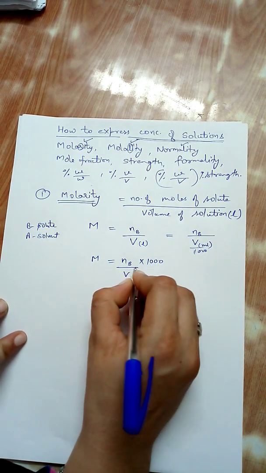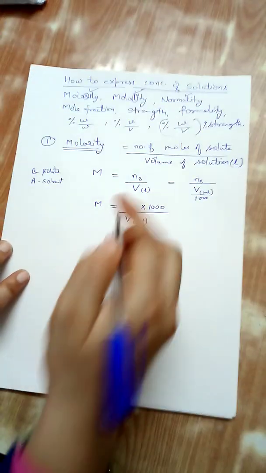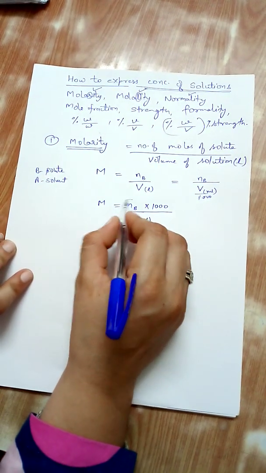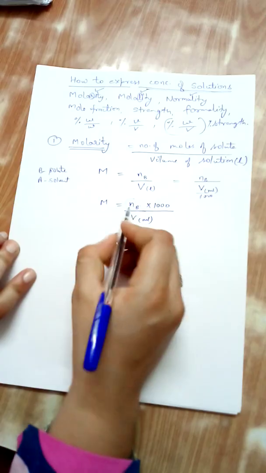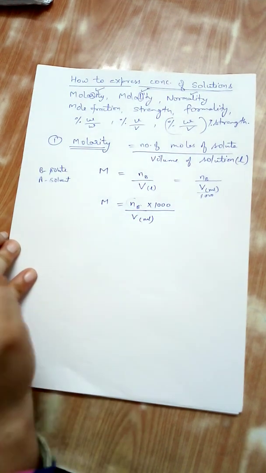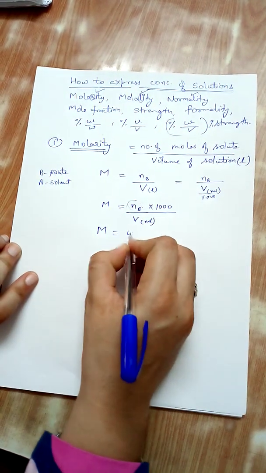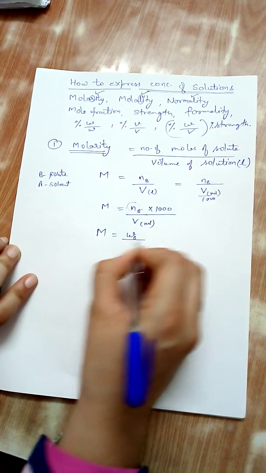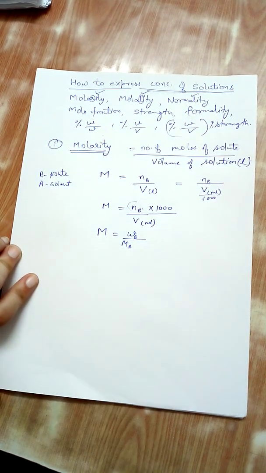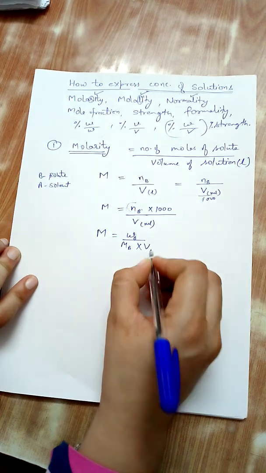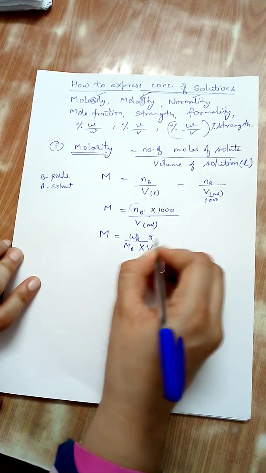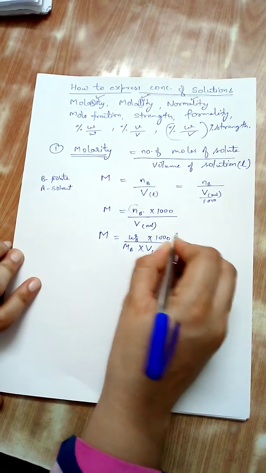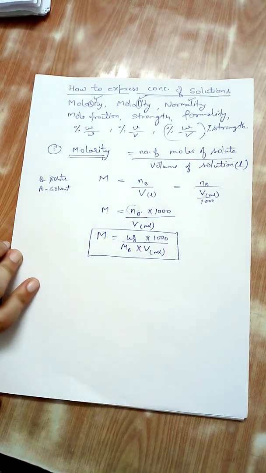Now in some cases you are not provided directly with the moles. Instead of moles, what are you given? Weight of solute. So in that case the formula changes to weight of solute by molecular weight of solute, divided by volume in ml, into 1000. Generally this formula is used for molarity.